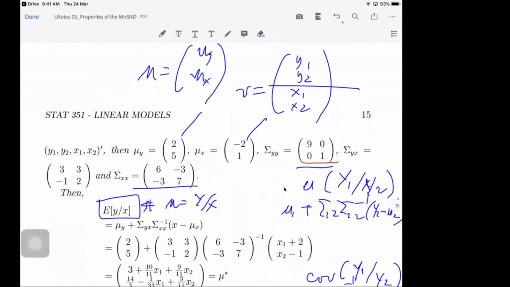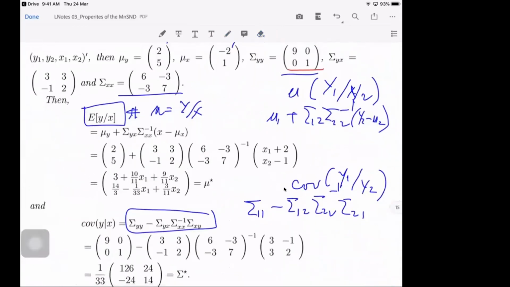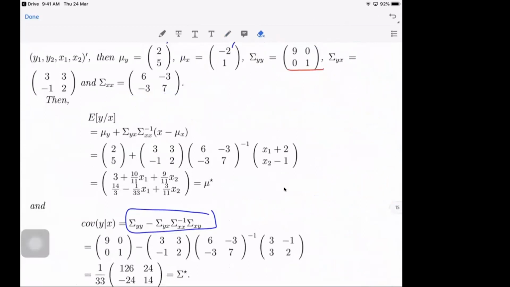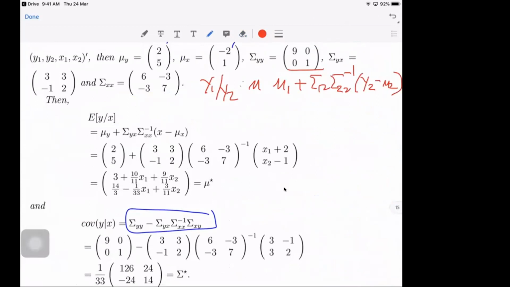So using the formula now, our formula for the conditional distribution, if we have y given y2, the mean vector of that is mu1 plus sigma 1, 2, sigma 2, 2 inverse, y2 minus mu2. Okay, so that is your formula. Your mu1 here will be mu y.